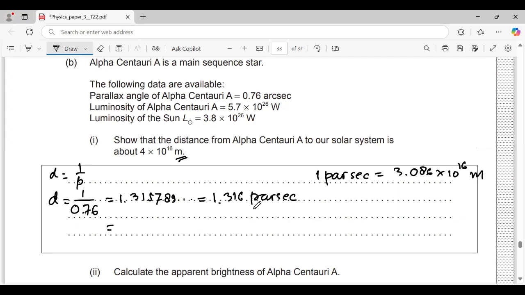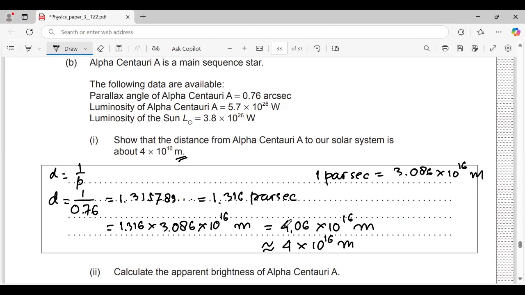So we calculate 1.316 times 3.086 times 10 power 16 meters, and we get the result 4.06 times 10 power 16 meters. Rounded off, it becomes 4 times 10 power 16 meters. But for the next calculation, I'm going to use the number 4.06.